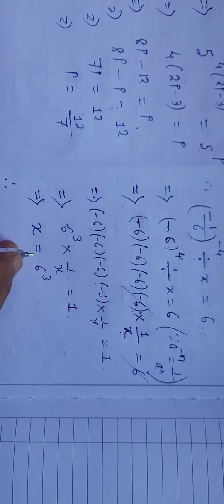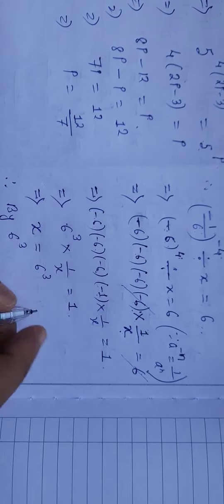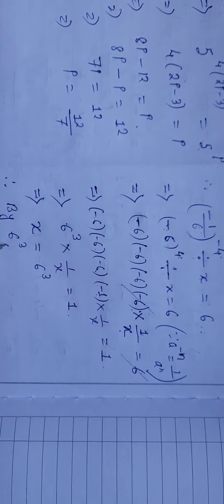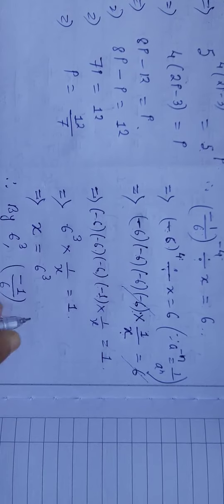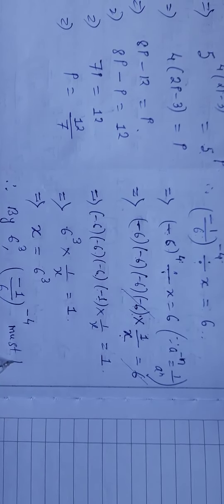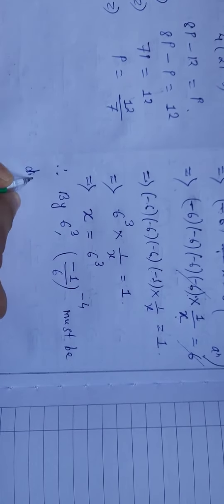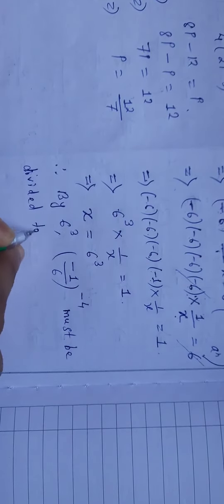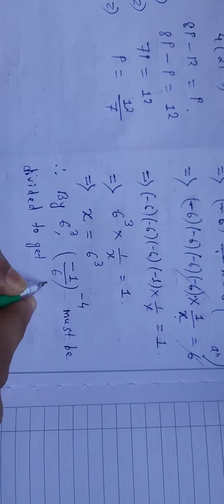Therefore, by 6 cube, minus 1 by 6 to the power minus 4 must be divided to get 6.